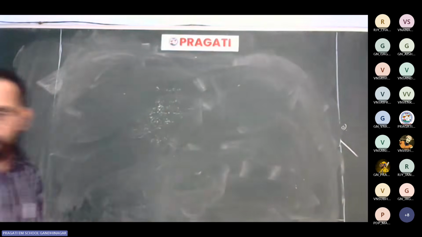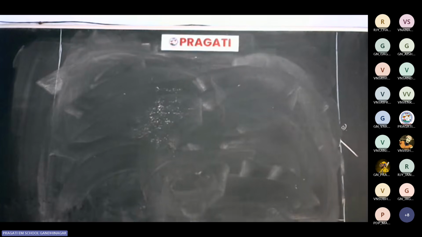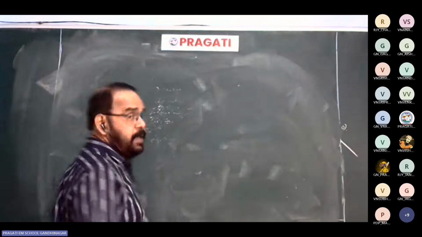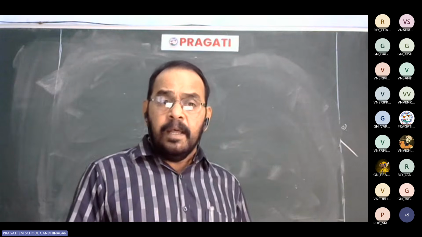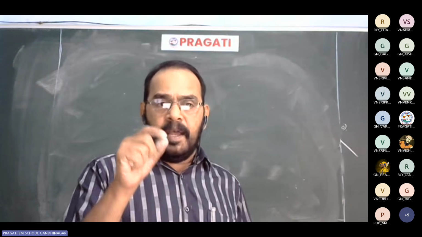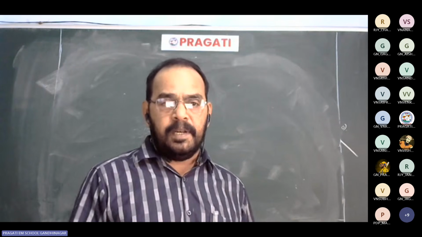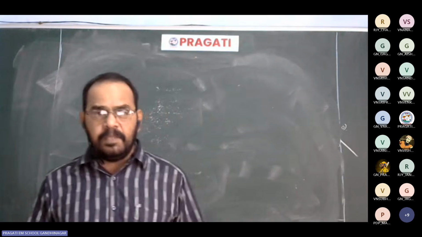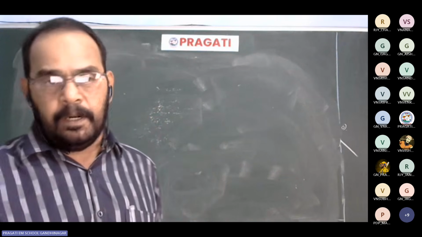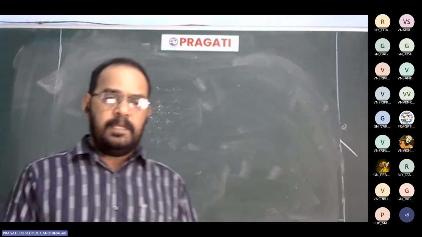Another important question. Let us see only the important questions now. What is a neutralization reaction? Sometimes they ask, write an example for a neutralization reaction. The reaction between an acid and a base to give salt and water is called a neutralization reaction.